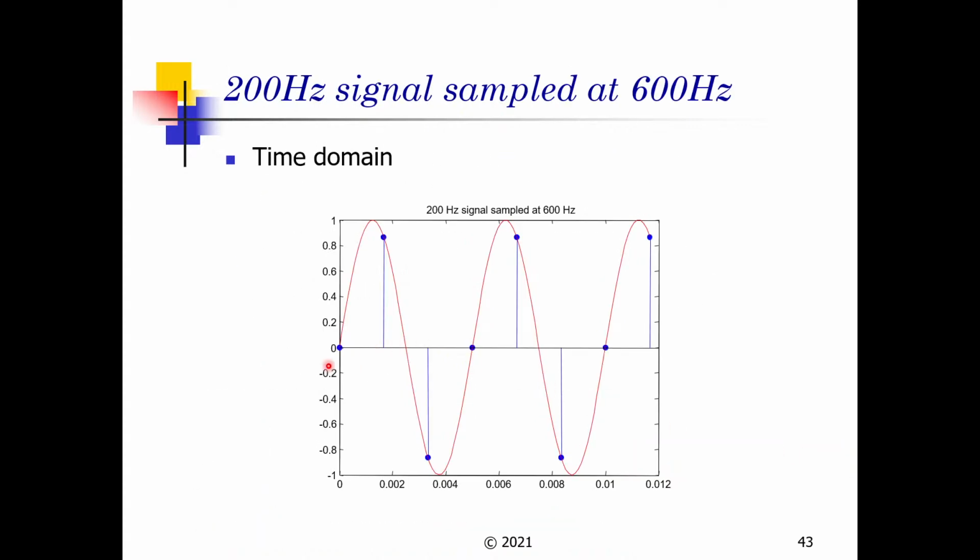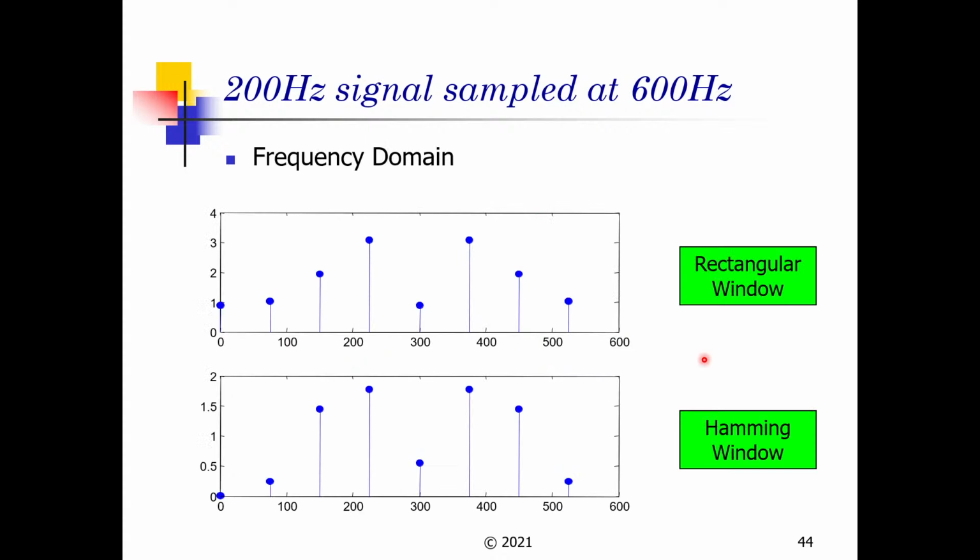Just to give you an idea, if we had a 200 Hz signal being sampled at 600 Hz, but it does not coincide with the amount of samples that we require, meaning that it will be sampled at 1 and -1 and so forth, this results in spectral leakage entirely. And if we apply the rectangular window and the Hamming window on this signal, we can see that the rectangular window gives us this shape in the frequency domain, meaning that we have these sharp transitions.